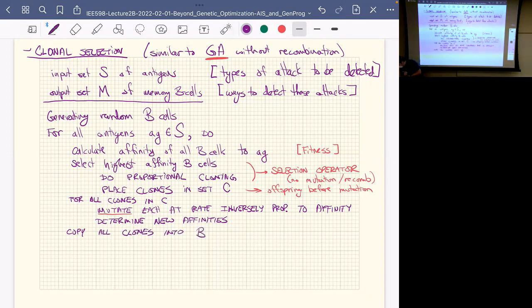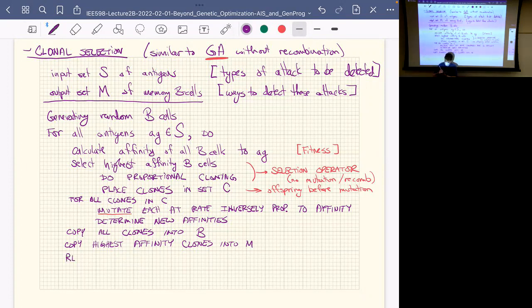And then we're going to copy the highest affinity clones into M. And we replace the lowest affinity B cells with randomly generated alternatives.